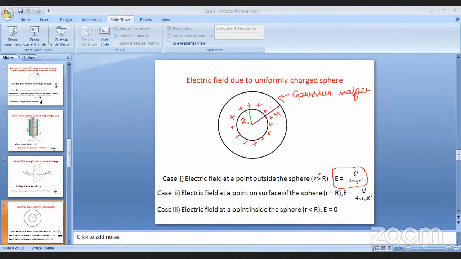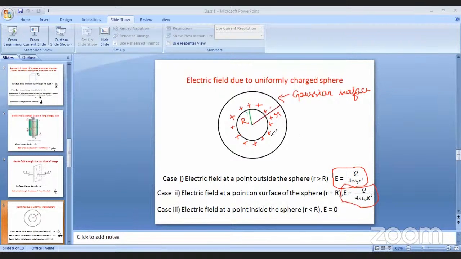At a point outside the sphere, the electric field is given by Q by 4 pi epsilon naught r square. When you consider a point on the surface of the sphere, this expression is modified: instead of small r, you write capital R, the radius of the sphere.